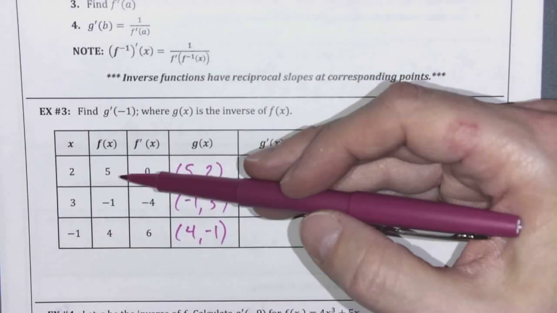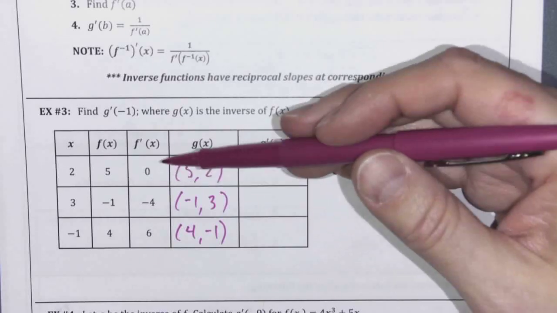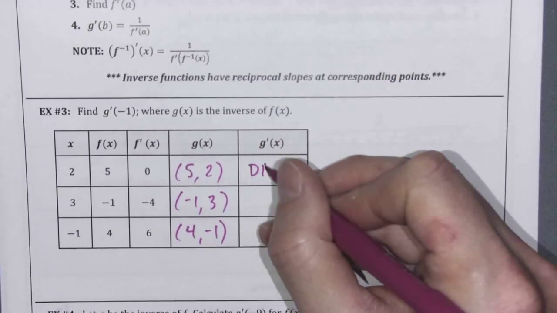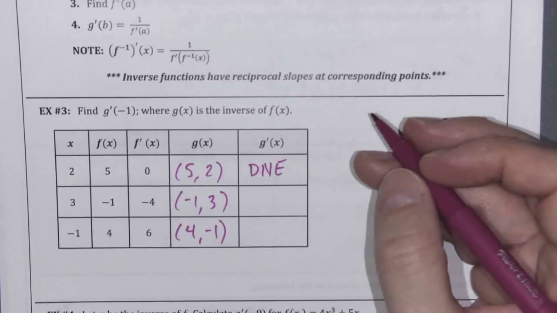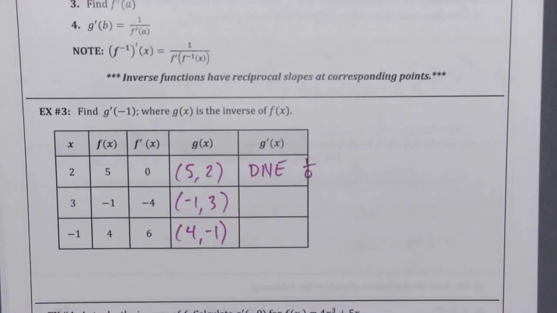So g prime of 5 would be 1 over 0. Now, 1 over 0 does not exist.